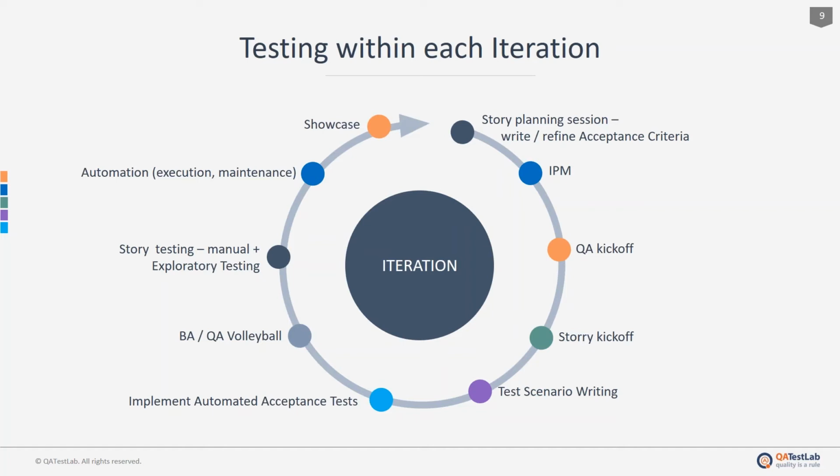Next step is QA kickoff of the iteration. After the IPM, iteration planning meeting, the QA team should have a QA kickoff for the iteration. In most cases, the business analysts should be invited to ensure correct understanding by the team. Items to cover in this step include the following.